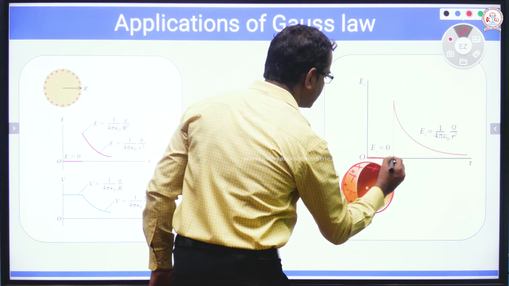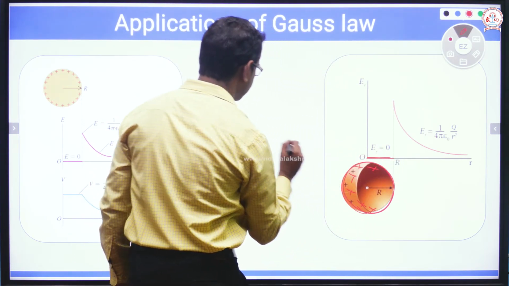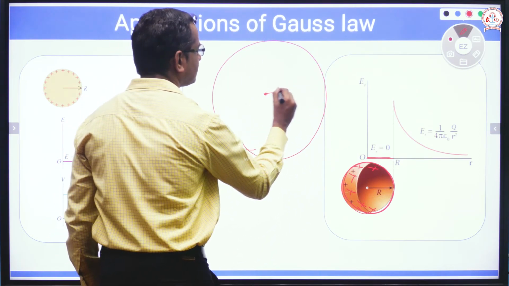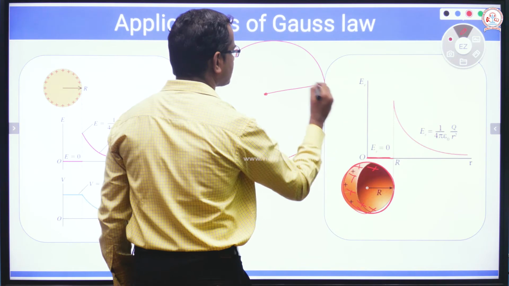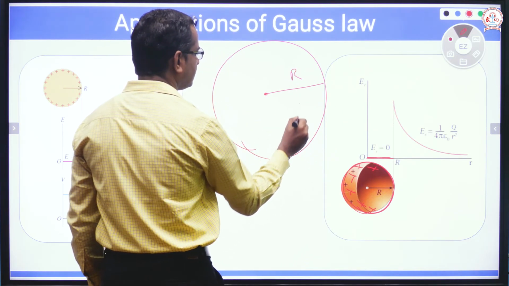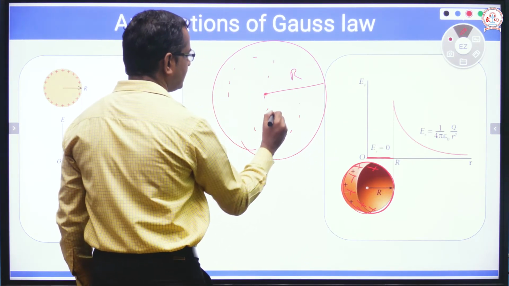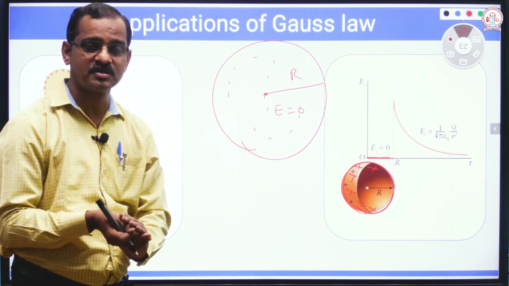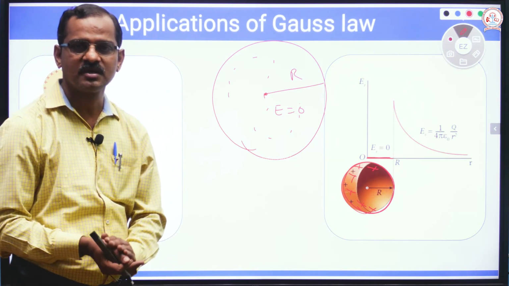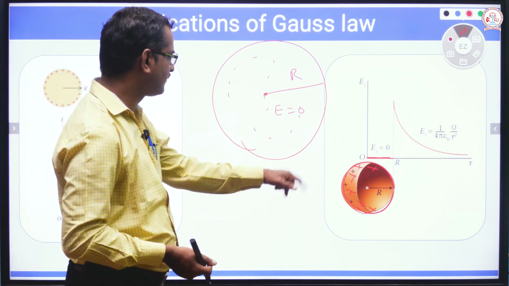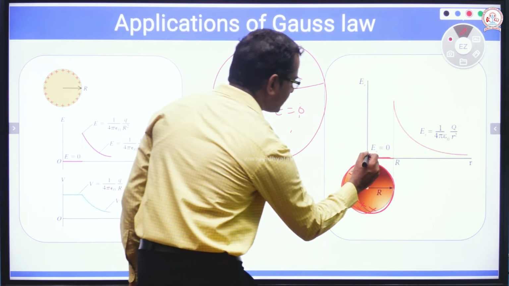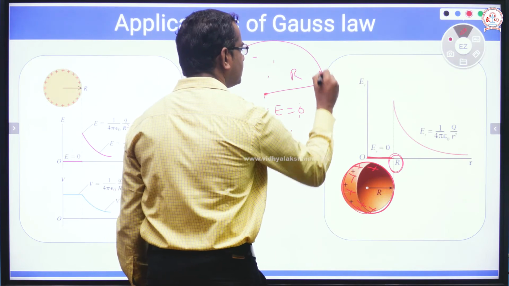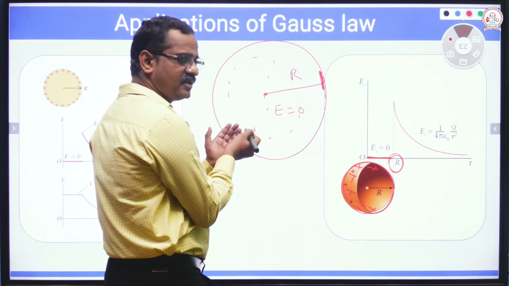Till it comes to R from the center, where capital R is the radius, at these points inside the sphere, electric field is equal to 0, because no charge is enclosed by the surface. Therefore, E is equal to 0. Up to this point, electric field is 0.